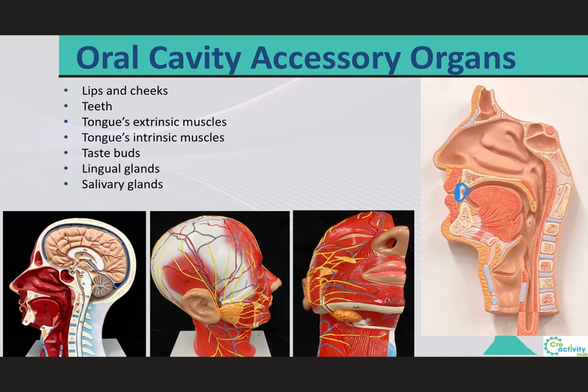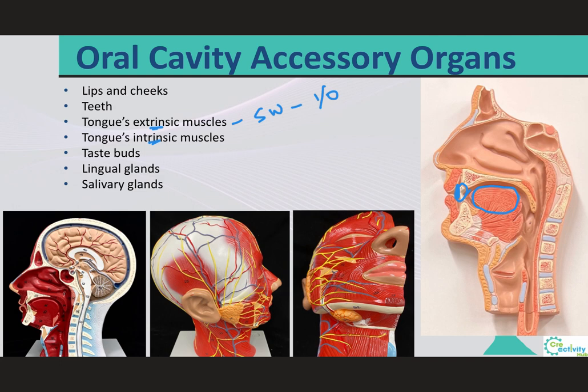Tongue muscles, we have two types of tongue muscles. We have what we call the extrinsic muscles and the intrinsic muscles. The extrinsic muscles will be important because they will move the tongue sideways and in and out. And this will help to manipulate the food for chewing. It will also be important to shape the food into a bolus.